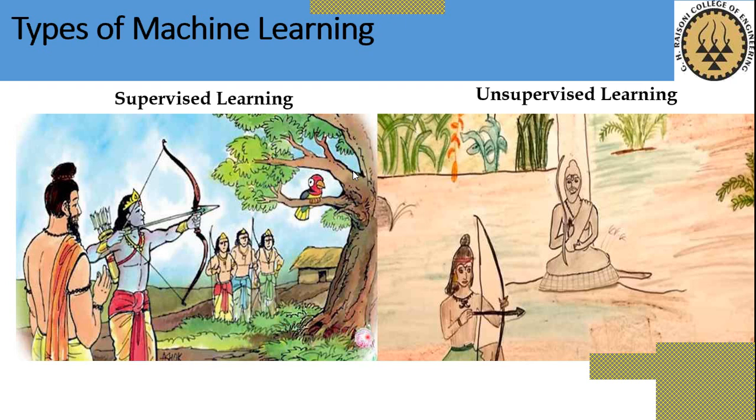He has just kept the statue of that guru, and he learned all the techniques of archery himself. We can replace these two persons with a machine learning algorithm.